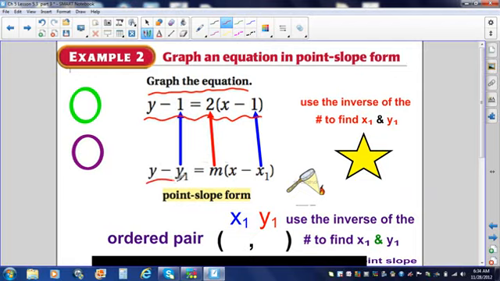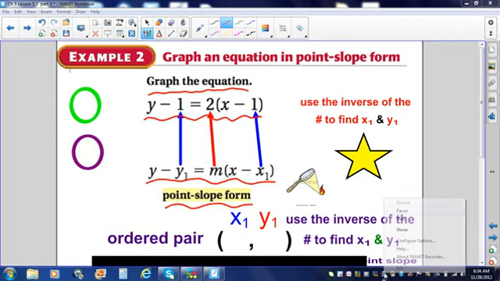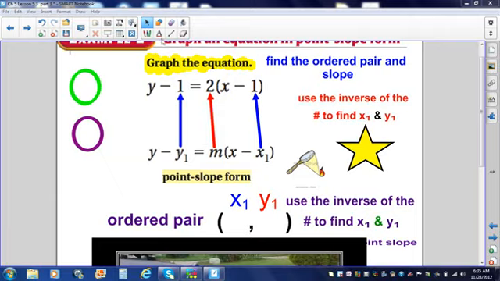And underneath it, write y minus y1 equals m parentheses x minus x1, and make yourself a note that this is the point slope form. Please write that to graph the equation, we are going to find the ordered pair and the slope.